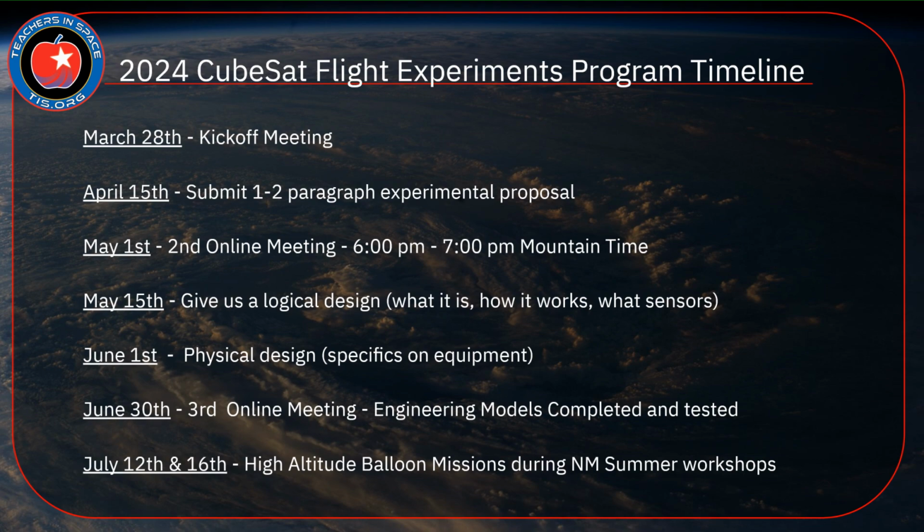In the logical design, it would be nice to have a wiring diagram. If you're not able to get the wiring diagram done for the logical design, you can submit it with the physical design. And then ideally by June 30th, we'll have an engineering model done.